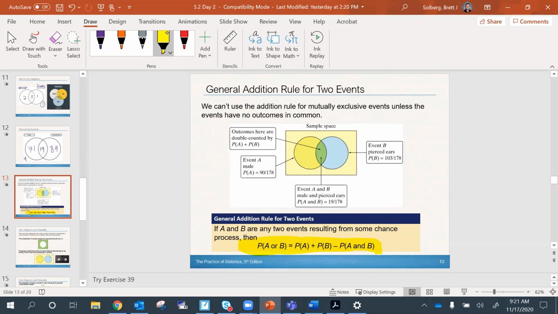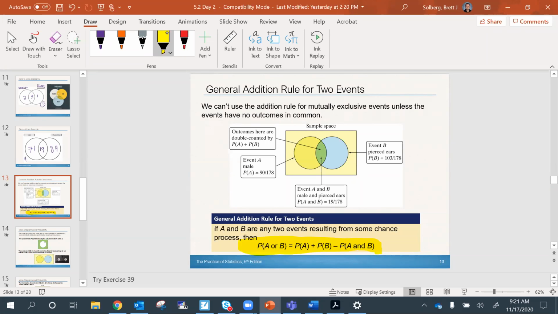The probability they had pure steers was 103. But we said the problem was we would count that overlap twice. So if I subtract that overlap of 19, that will give me the correct probability, which I believe was 174 out of 178. Awesome.